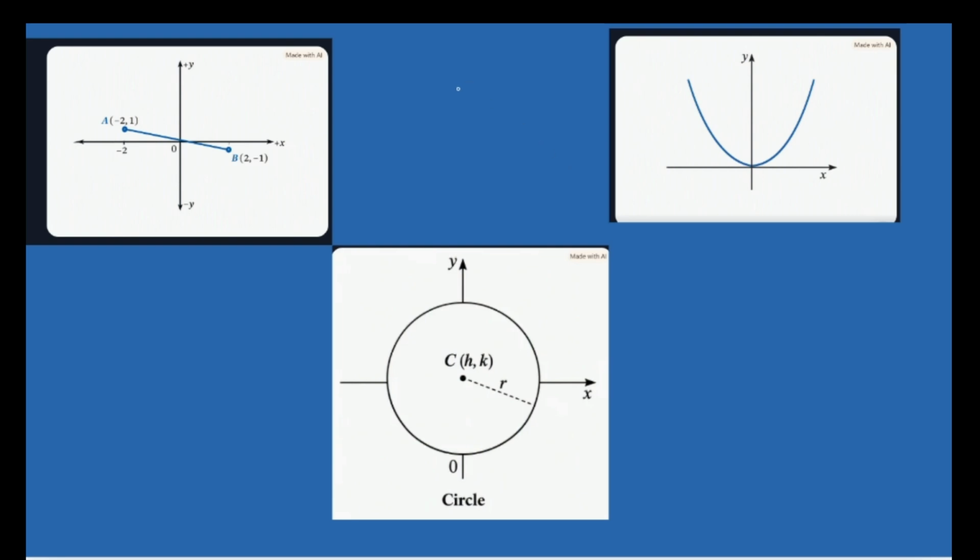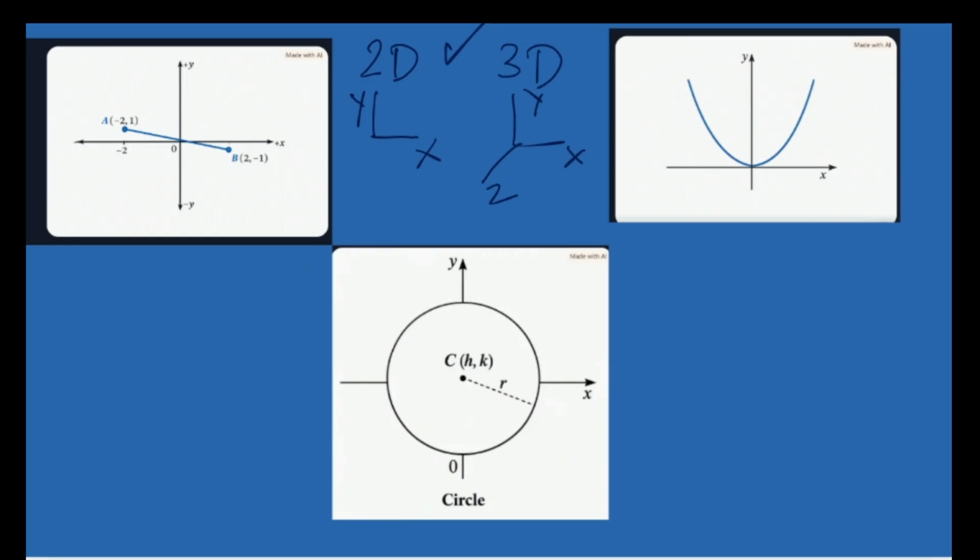And one thing you should also know is that there are two types of geometry, 2D geometry and 3D geometry. In 2D geometry, there are basically two axes only, x and y, and in 3D geometry there are three, x, y and z. But here we are going to deal with 2D only.